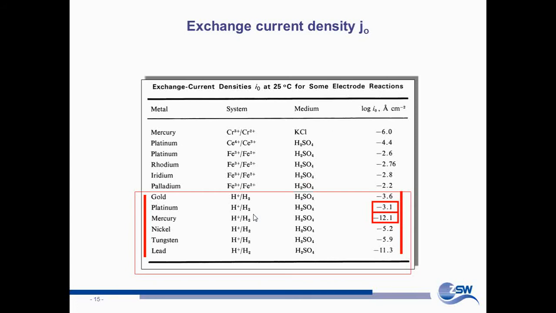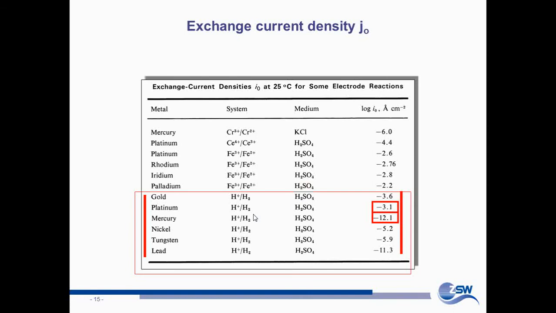And now we can, let's say, measure the exchange current density of different materials, starting from mercury, ending in lead, going through gold and platinum, and you see that there are orders of magnitude in between the exchange current density for hydrogen oxidation and reduction on mercury, on platinum, on lead.